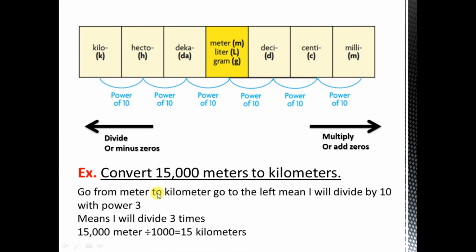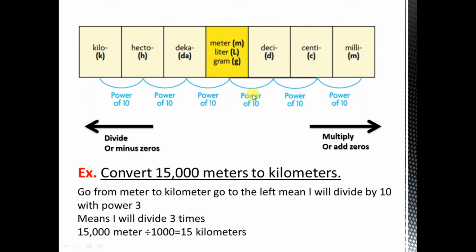So go from meter to kilometer, go to the left. This means I will divide by 10 with the power 3, which means I will divide 3 times by 10. Ten times 10 times 10 means I will divide by 1000, or I will divide by 3 zeros.